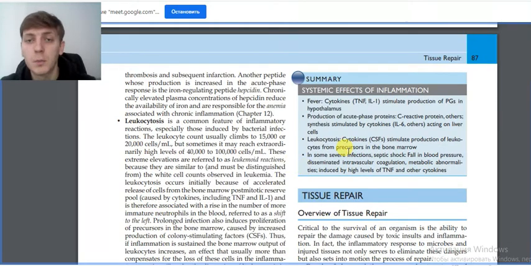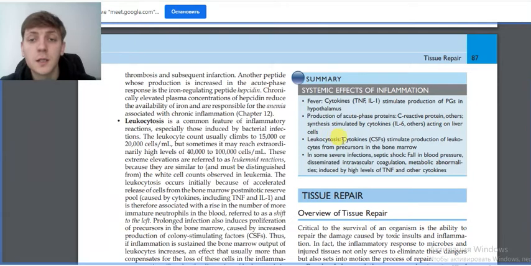Summary. Fever is promoted by cytokines like TNF and interleukin-1, which stimulate the production of prostaglandins in the hypothalamus, especially prostaglandin E2, which causes shivering and all this excessive heat production by the body. Then production of acute phase proteins like C-reactive protein and others is stimulated by interleukin 6, which is also produced in the acute phase of inflammation, and it acts on liver cells and stimulates the synthesis of these proteins by the liver.